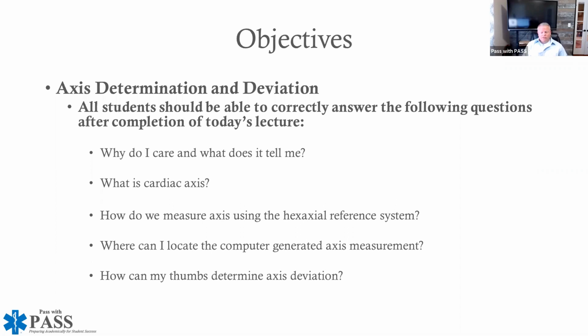Whether or not you guys have ever paid attention to this, I don't know, but last month in the April lecture, we talked about coronary artery anatomy and kind of what that feeds. For instance, the circumflex comes directly off of the left anterior descending, and it's primarily responsible for the lateral wall.